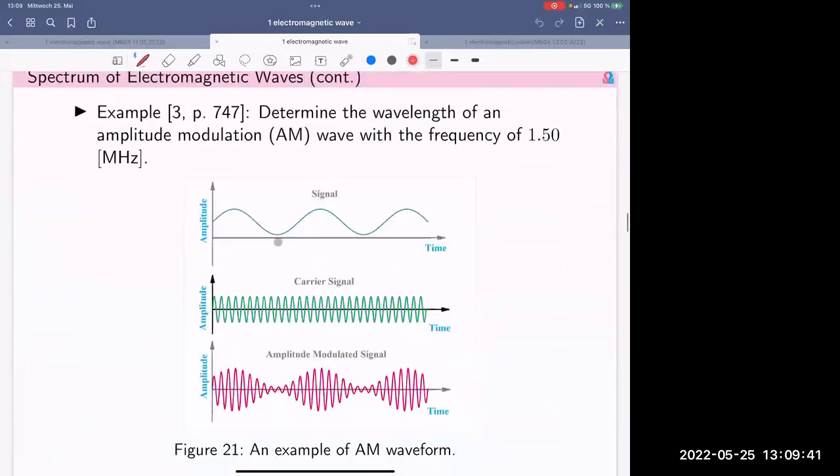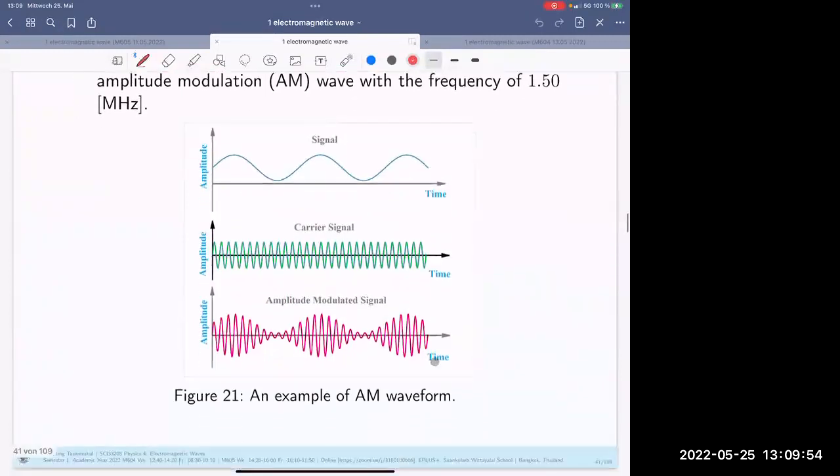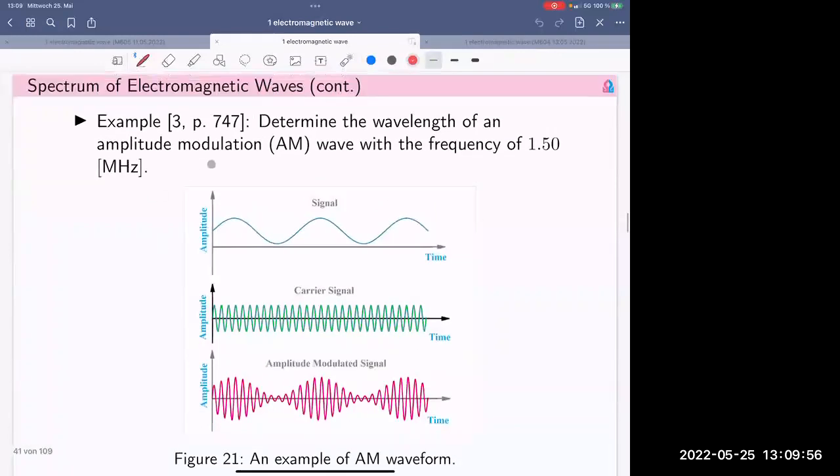Now let's talk about a little bit of an example for the computation of the wavelength and the frequency for the electromagnetic wave. It uses the same expression as you may have seen during our on-site class.